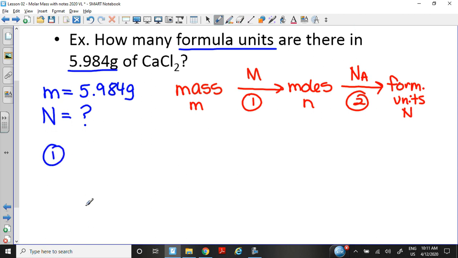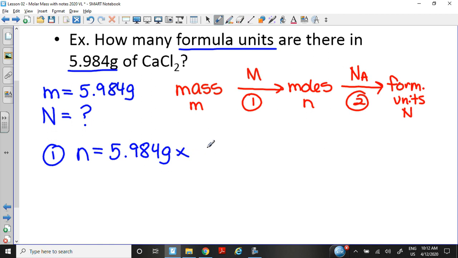So now you're ready to check your answer for step 1. For number of moles, we always start off with what we're given, 5.984 grams, and we're going to use our molar mass. Now again, did they give us molar mass in this question? No, but you can calculate it.